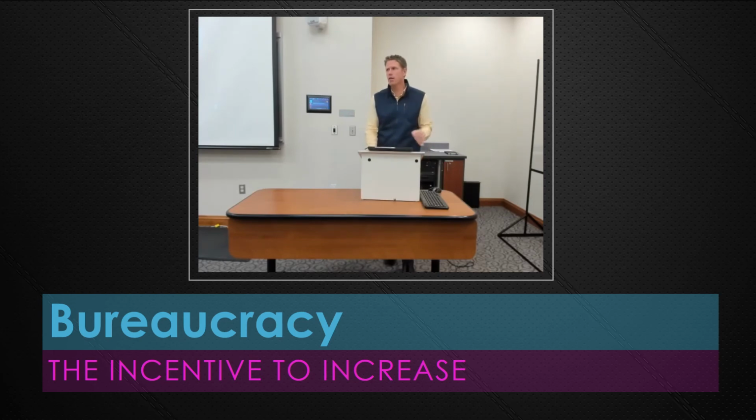And one early public choice model suggests that bureaucrats are simply budget maximizers, as they have no check on their preferences from the preferences and actions of voters, right? What we do is we create this bureau, and then that bureau becomes a budget maximizing agent.